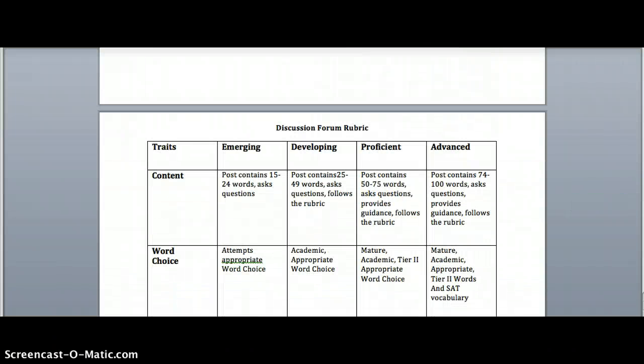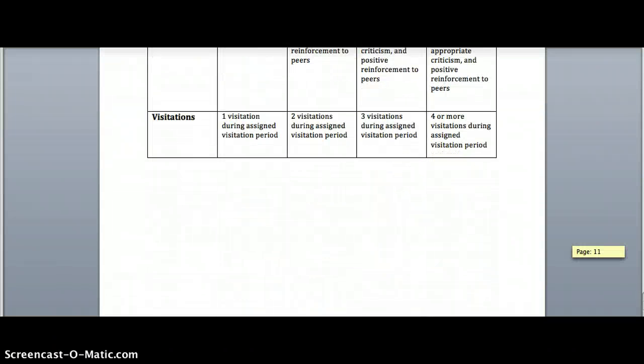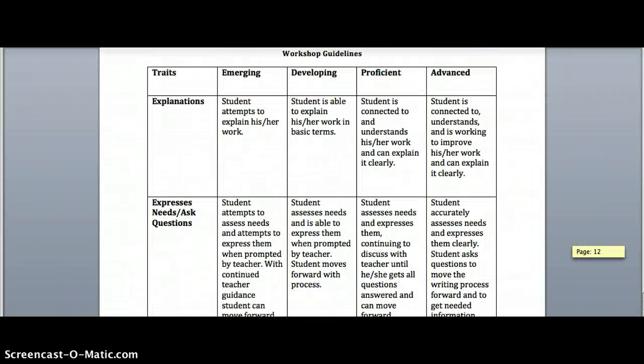Additionally, I have the discussion forum rubric posted, and the workshop guidelines, because going along with the scoring guide unit will be a workshop element, so that students will have pieces composed and they'll be able to assess both peer work and their own work.